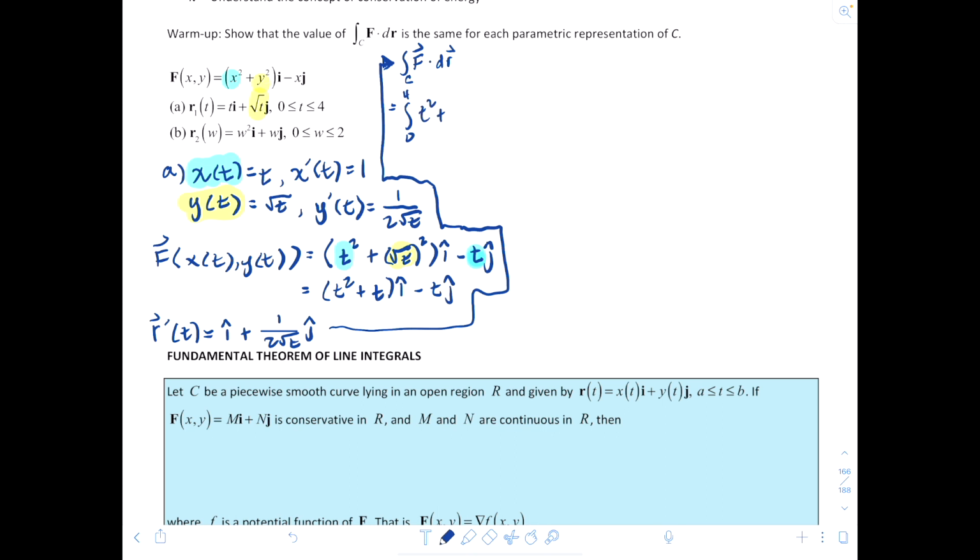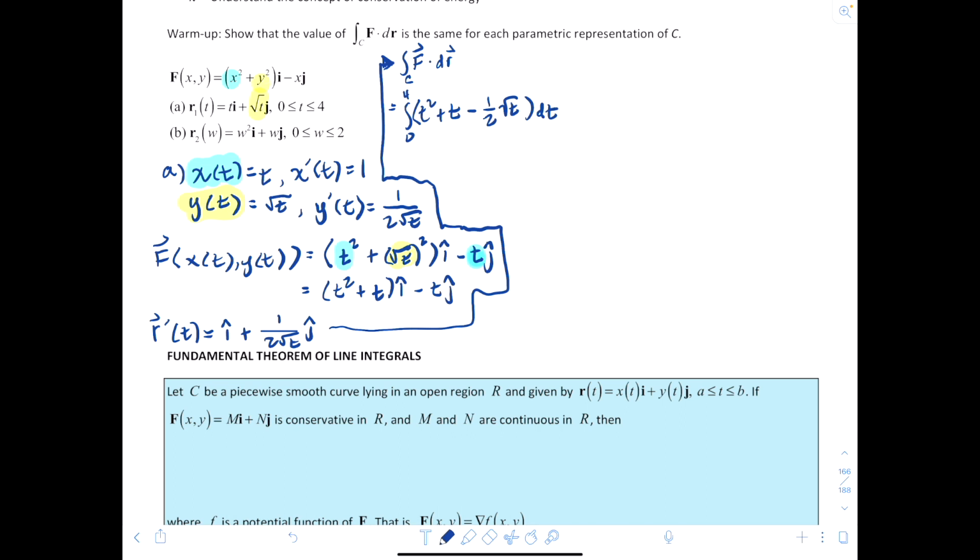And then we will have negative t times 1 over 2 root t, which will be minus 1/2 root t dt. Cool so far?